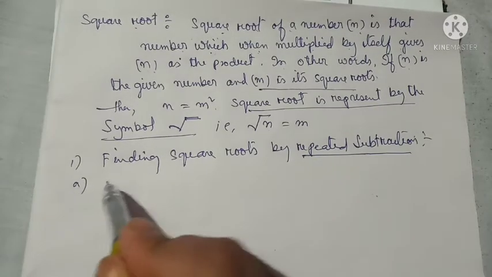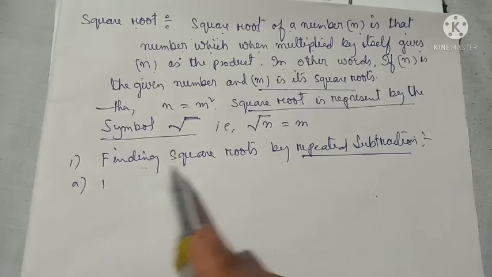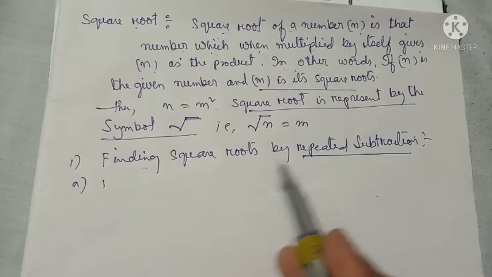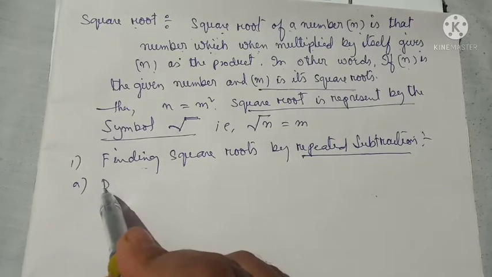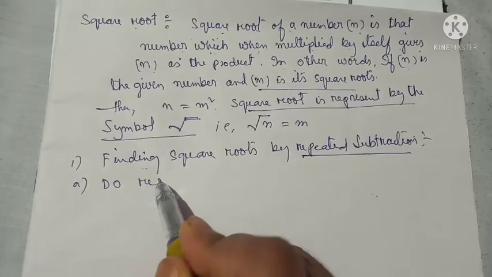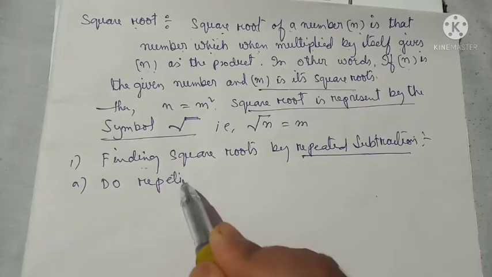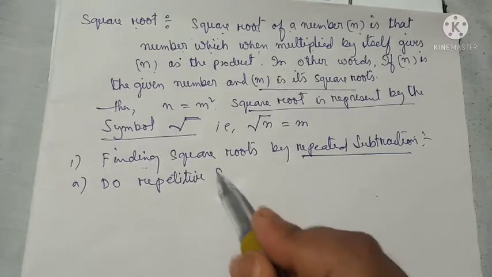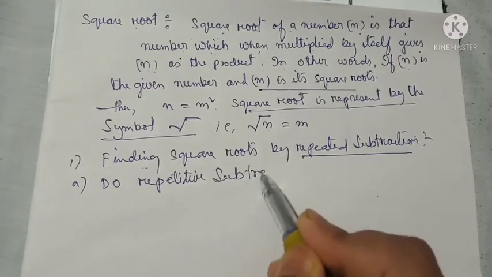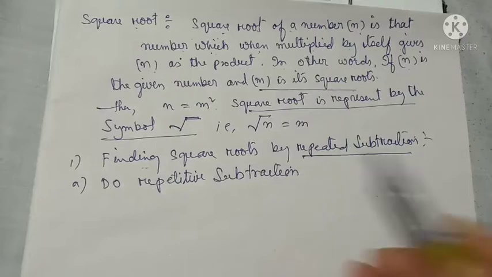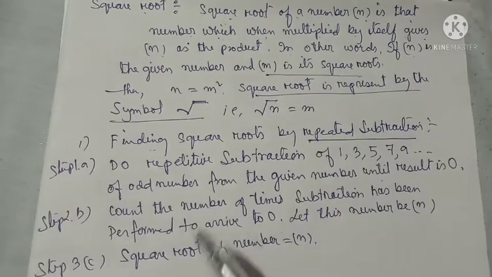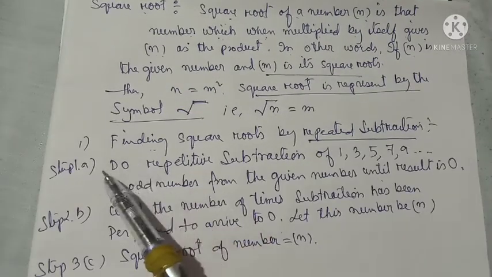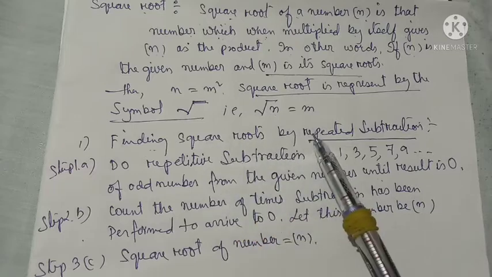The first step of finding square root by repeated subtraction is to do repetitive subtraction. These are the steps to find out the square root by repeated subtraction.